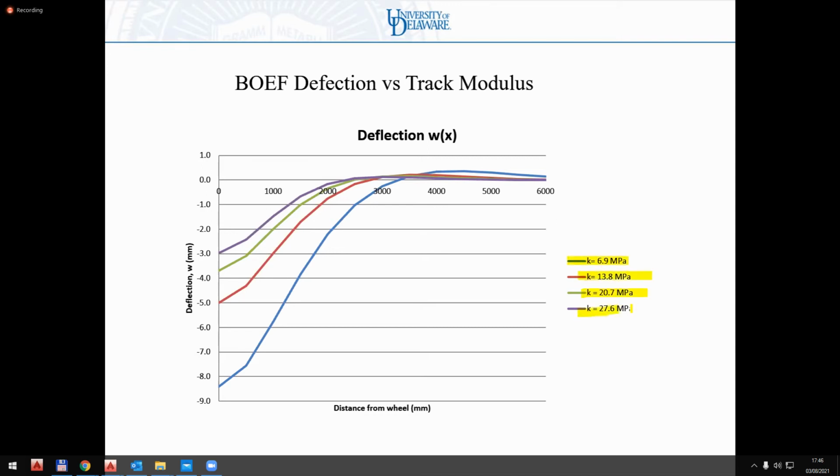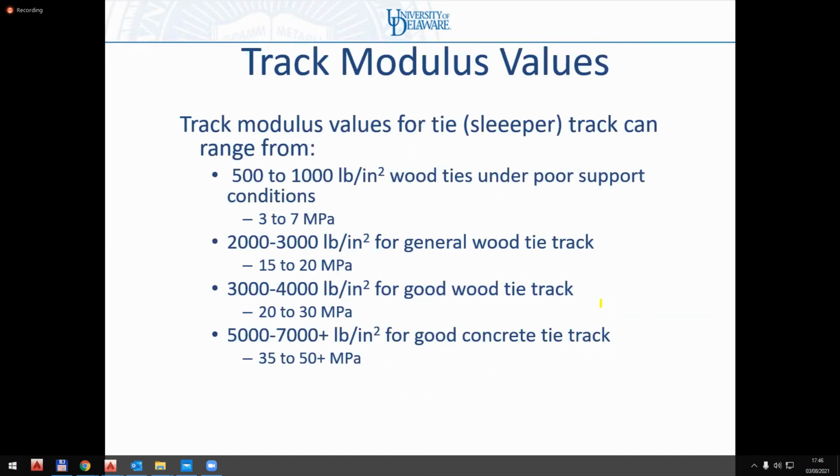So let's go back a little bit, just remember what we said about track stiffness. Very soft track is 3 to 7, 3 to 10 megapascals. Medium track is sort of 15 to 30. And then really stiff track, good track, is between 30 and 50 plus, going up to 70 in the case of slabs.